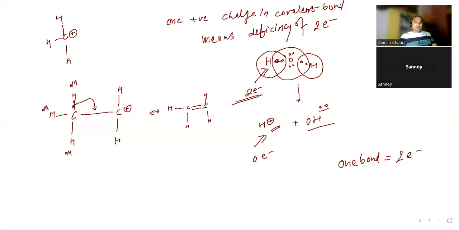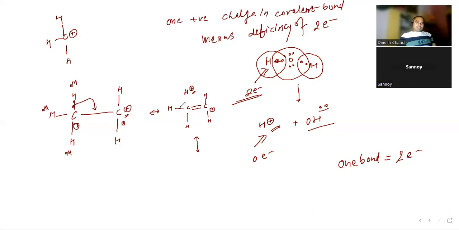Suppose this is the first carbon and this is the second carbon. The first carbon now has 4 bonds, so there is no deficiency here, and the positive charge goes on the hydrogen because both electrons went here. This is no bond resonance. Earlier the positive charge was on this carbon, now the positive charge has gone on the hydrogen. Are you getting this one?